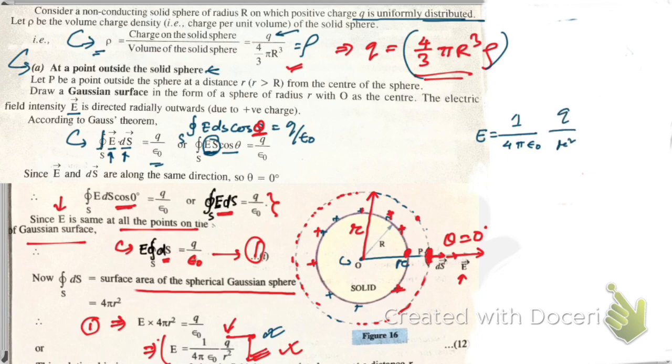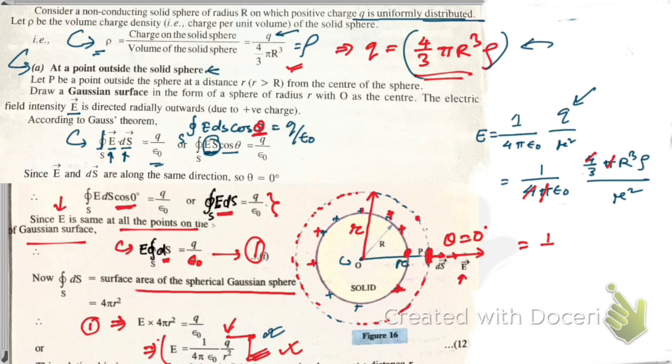Let us replace q by this value: 1 by 4 pi epsilon naught, 4 by 3 pi capital R cube rho, by small r square. Here you can see clearly this pi cancels and this 4 cancels.